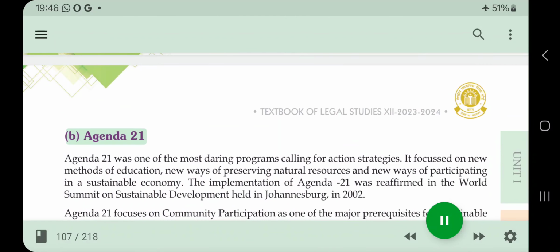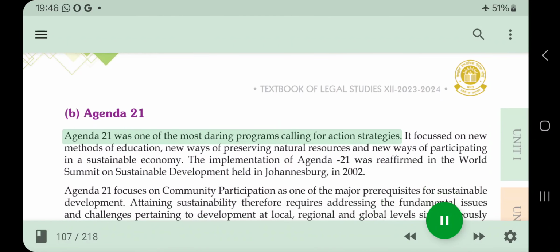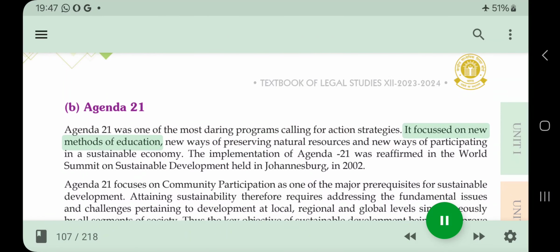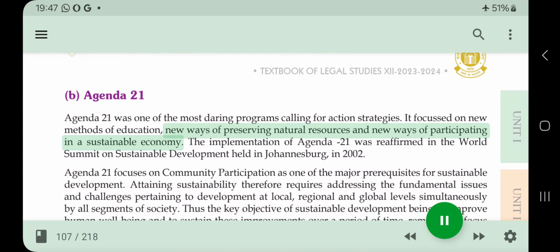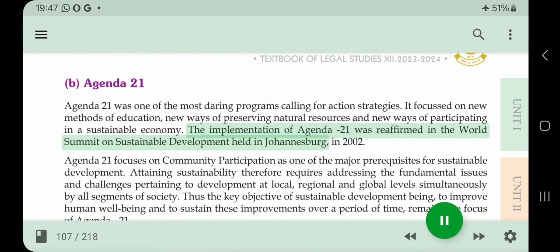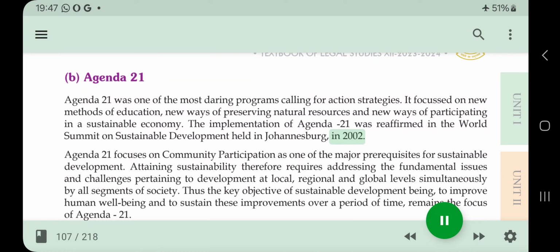B. Agenda 21. Agenda 21 was one of the most daring programs calling for action strategies. It focused on new methods of education, new ways of preserving natural resources, and new ways of participating in a sustainable economy. The implementation of Agenda 21 was reaffirmed in the World Summit on Sustainable Development held in Johannesburg, in 2002.